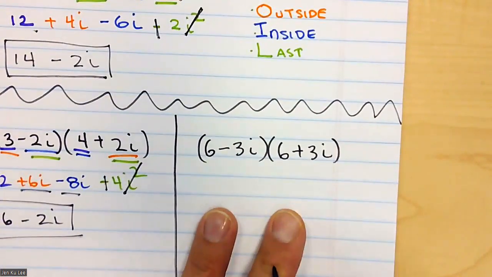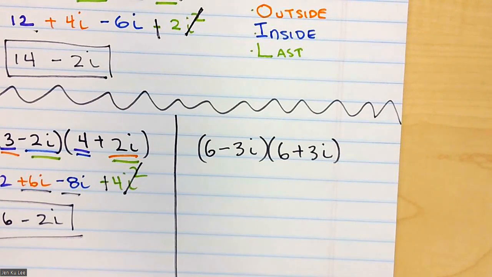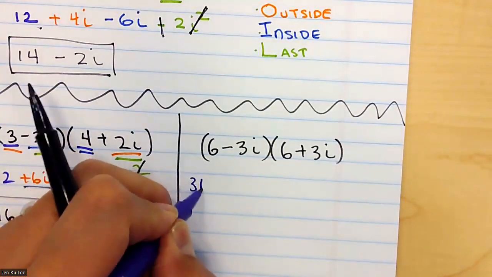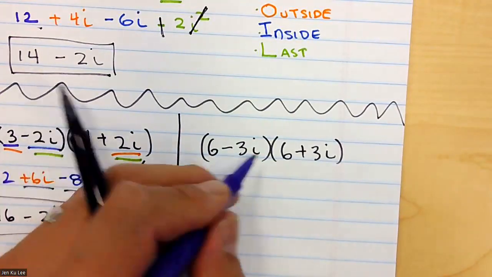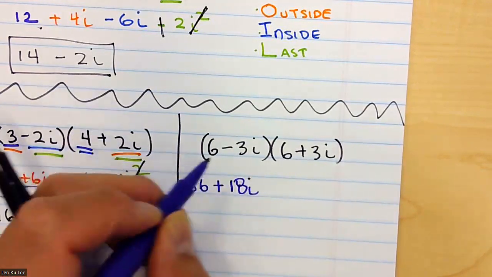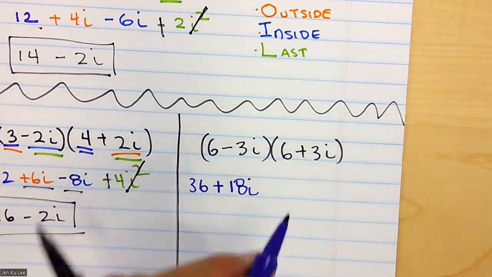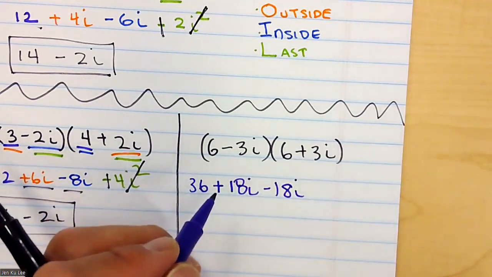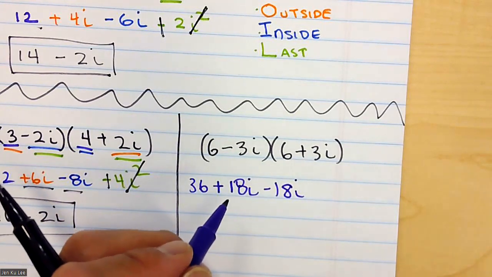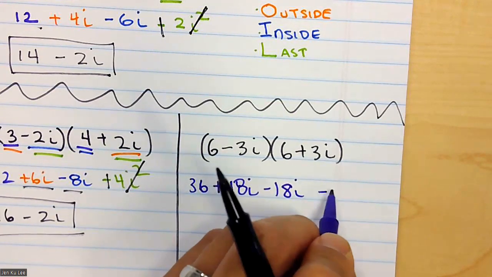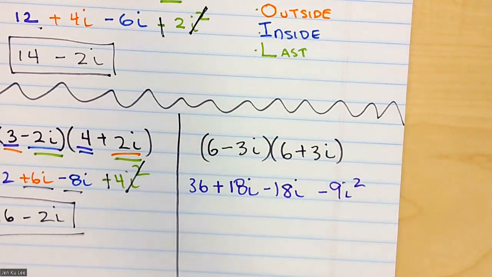Here, we can FOIL. I'm not going to color coordinate it again, but we can FOIL. So 6 times 6, that's 36. Outside is 6 times positive 3i, so that's positive 18i. Inside, that's negative 3i times 6, that's negative 18i. And then last is negative 3i times positive 3i, that's negative 9i squared, right?